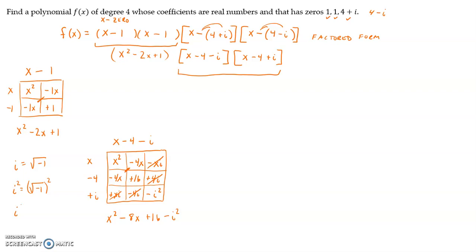So in place of this i squared, I can go ahead and replace it with a -1. So this is going to be the same thing as x squared minus 8x plus 16 minus a -1. Be careful with your signs right there. And then we can go ahead and combine our like terms. It's going to give us x squared minus 8x plus 17.